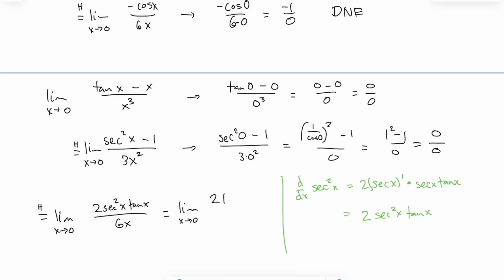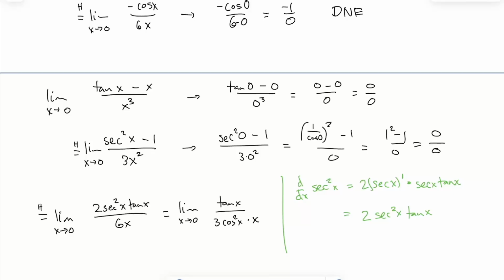Gives me a 3 on the bottom, right? So I'm going to write tan x over 3 cosine squared x times x, right? I moved the secants into the denominators and made it cosines because secant is 1 over cosine. And then simplify a little, the 2 and the 6 cancels and gives me 3 on the bottom. All right.